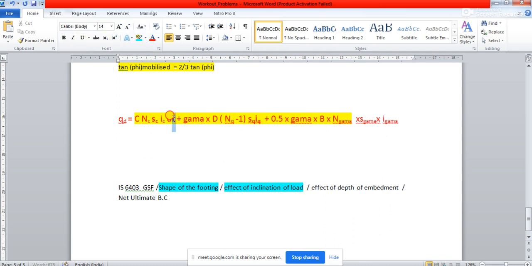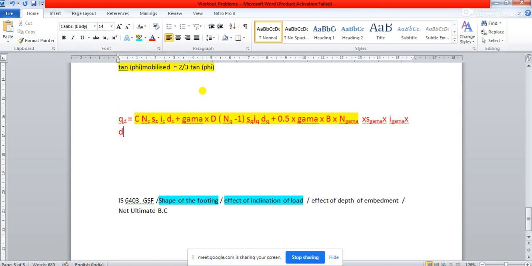So you introduce another factor DC to this NC factor, and then there will obviously be another factor DQ, and another factor over here, that will be D gamma. Okay, so D gamma.